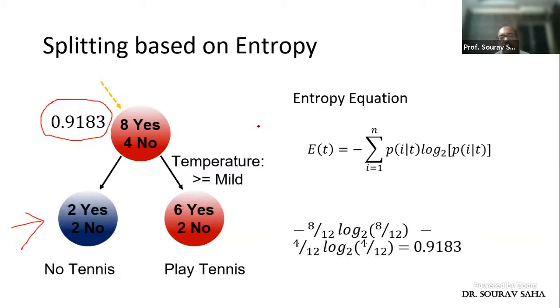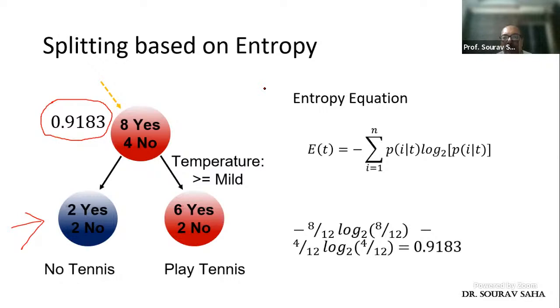Yes, Cora, that's correct. That is minus half log of half, once again minus half log of half, right? So log of half is basically 2 to the power minus 1. So basically minus half times minus 1, plus half plus half, which is 1. Maximum impure, right? We have 4 data points, of which 2 belong to one class and 2 belong to another class.